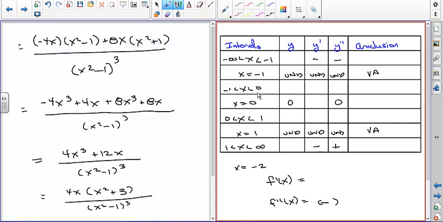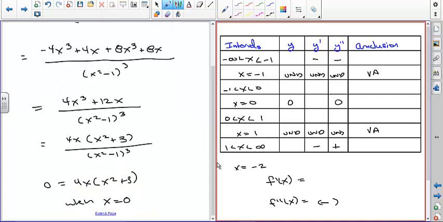And then you evaluate some number between 0 and negative 1. So between 0 and negative 1, this becomes negative 0.5, say. If you put negative 0.5 in, this quantity is going to be smaller than that. So this thing's going to be negative, and a negative number cubed is negative.